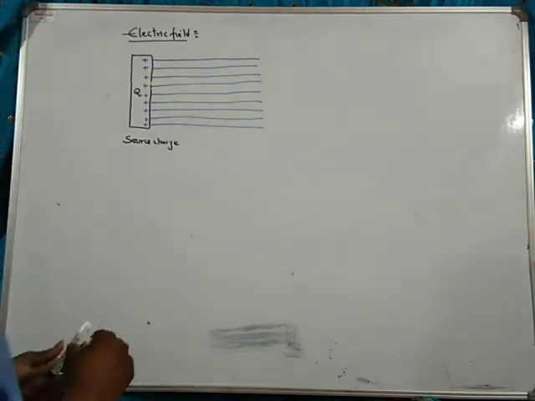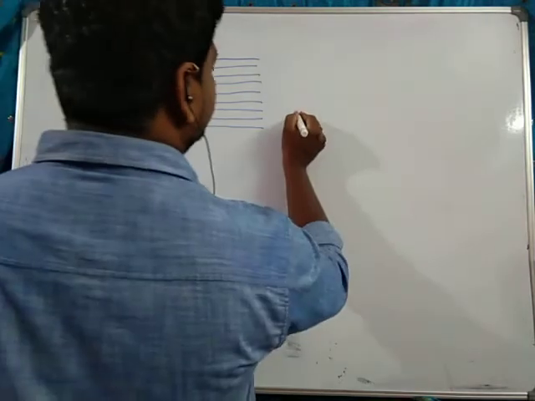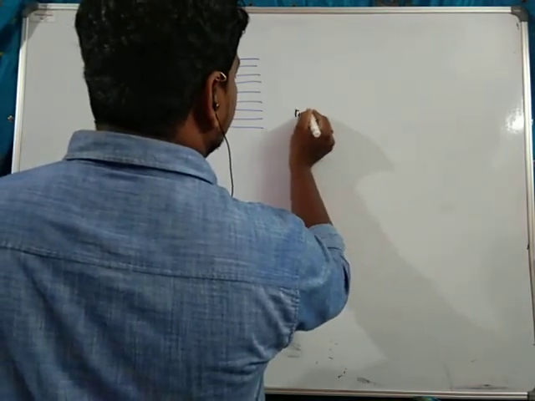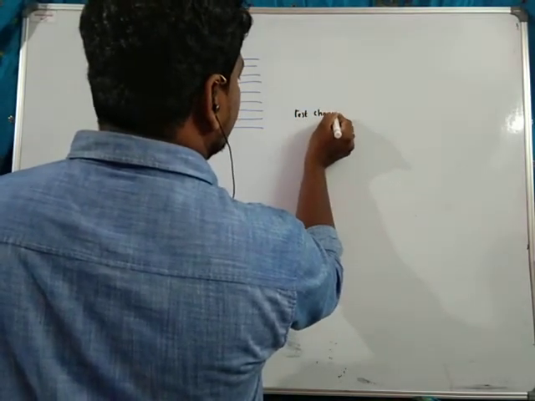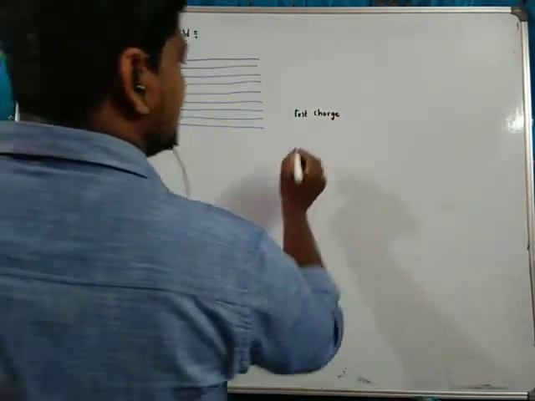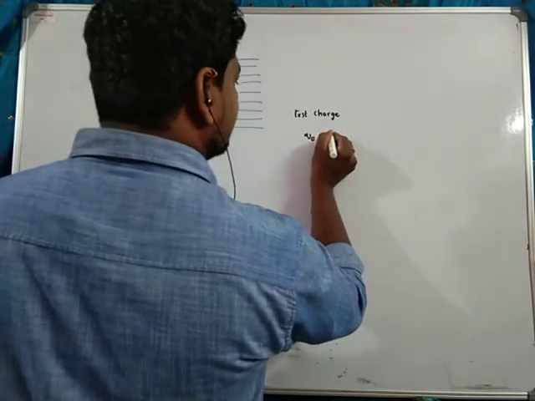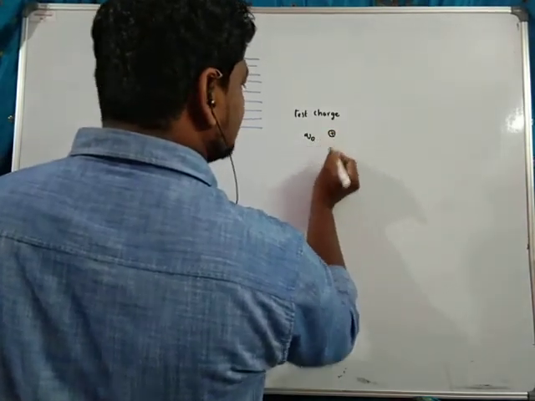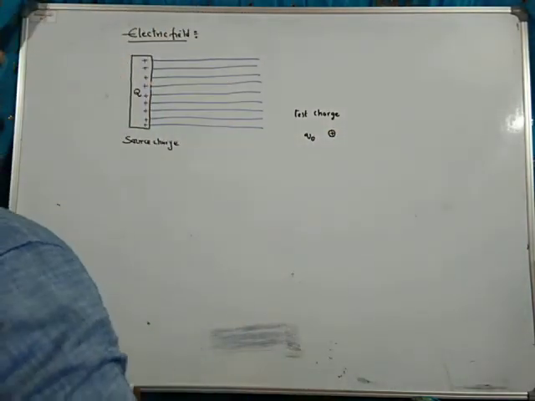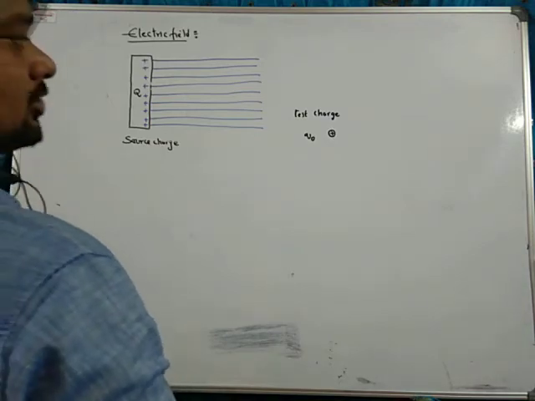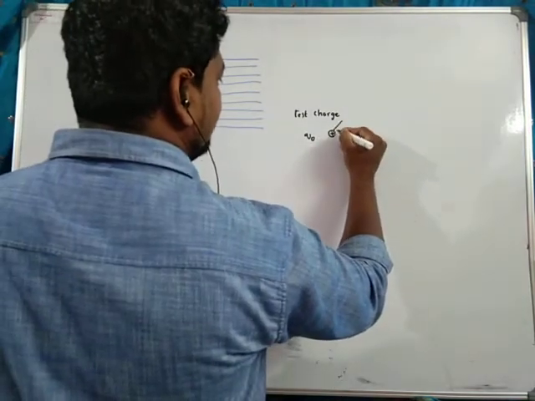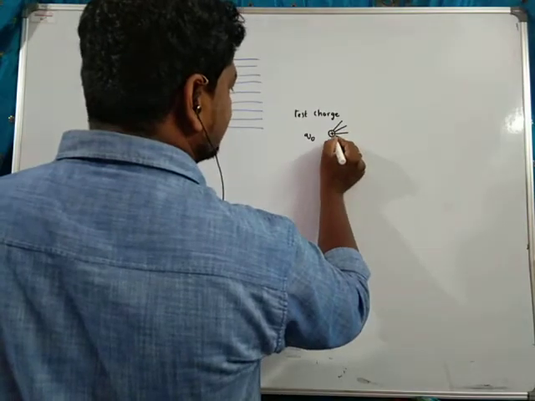Next we will consider one test charge, which is denoted with small q naught, and this charge will be a positive charge. Here also, whenever we have a natural force, it radiates in all directions.